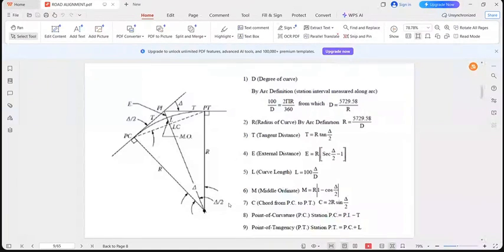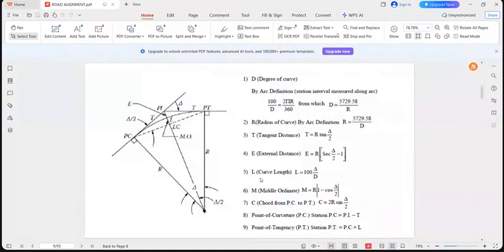As far as the tangent distance is concerned, it is T. The tangent distance is from PC to PI, or from PI to PT. We have the external distance, which is the distance from this point here going to PI, and it is given by its relation.